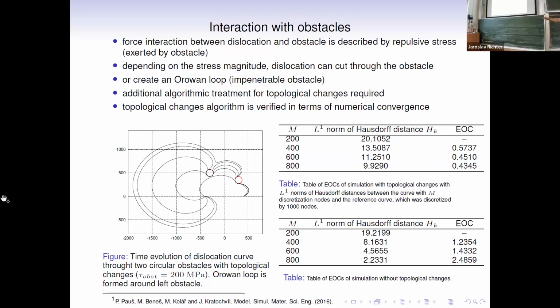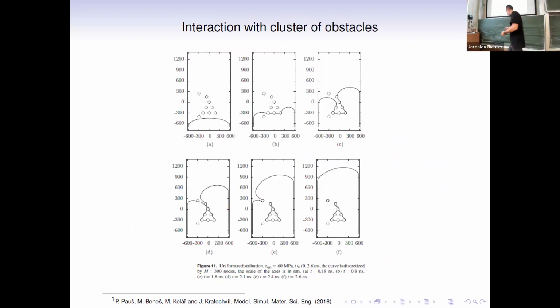So this is, I think, a very interesting finding. We are still not completely satisfied by such a topological changes algorithm, but currently this is the best we have, unless we want to change to some implicit description, which is, according to me, a big trade-off.